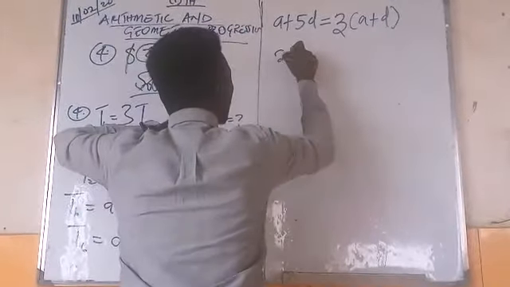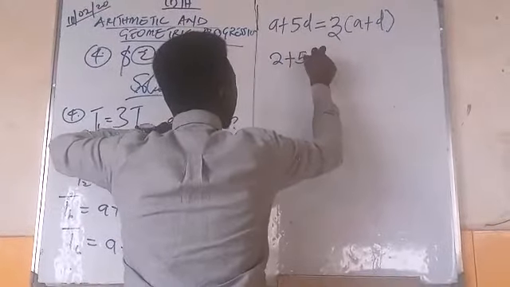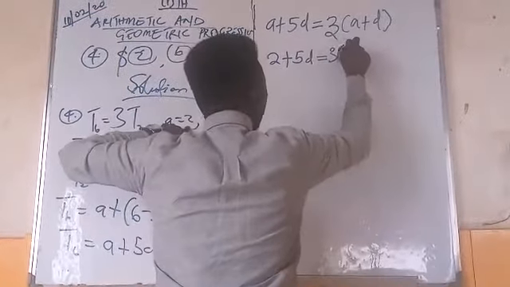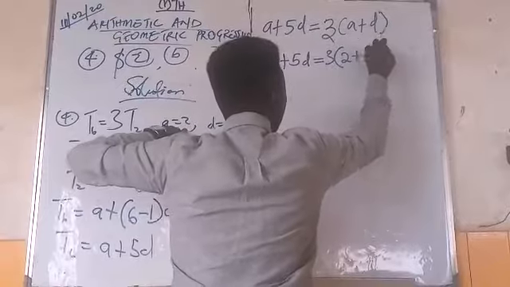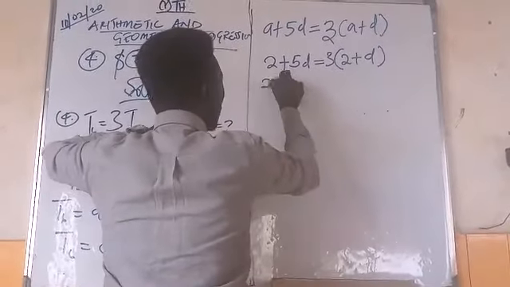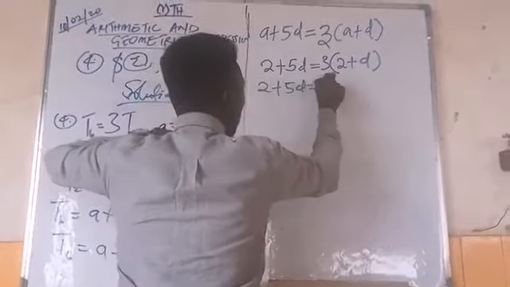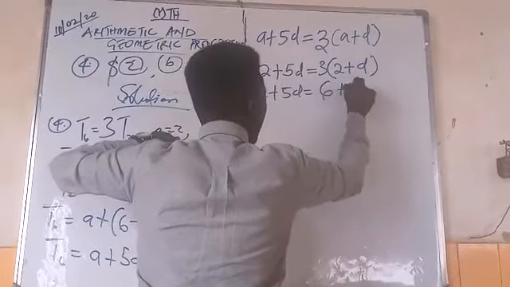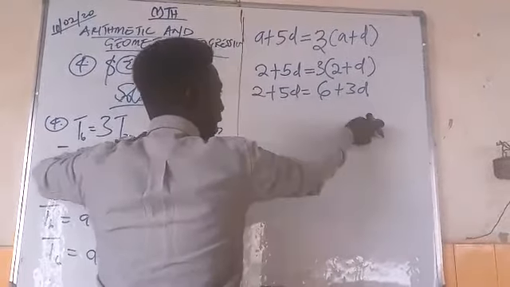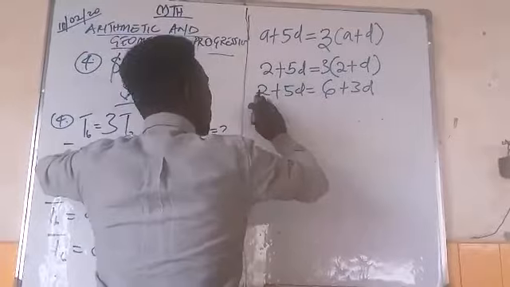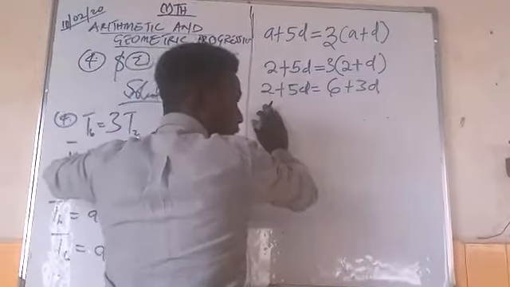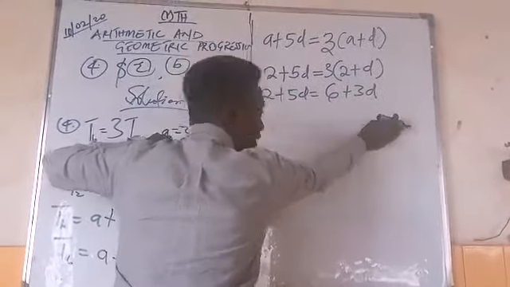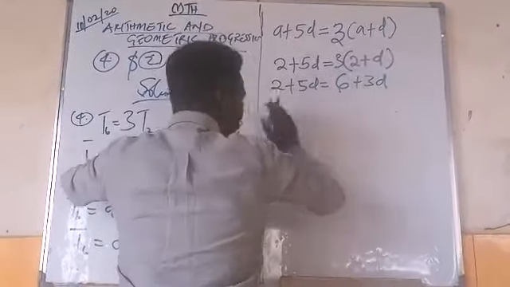So you have 2 plus 5D equals 3 into bracket 2 plus D. And then you have 2 plus 5D now equals 6 plus 3D. And you collect like terms. How? Those ones that are numbers or figures only, you put them on one side, and those ones that are not, you put them on the other side.